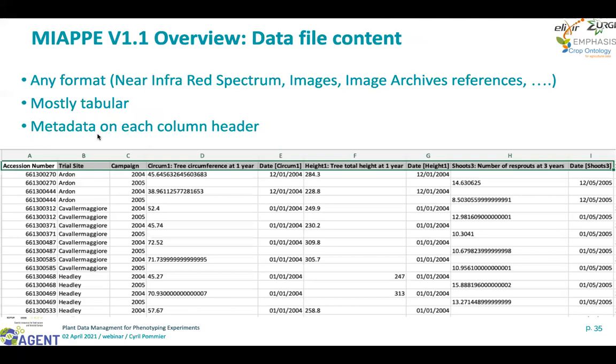And we apply metadata on each column. We've got accession number. We must have metadata to understand what this accession number is about. We've got trial site. We've got the different measures, height, shoots, etc. And I will describe how it is done.